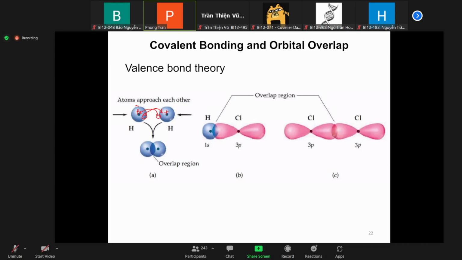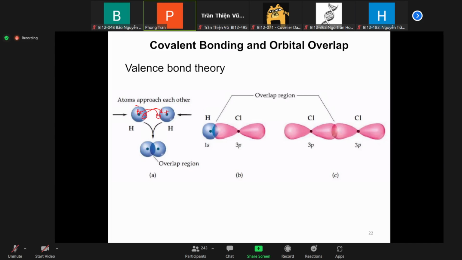But they cannot get closer infinitely, because when they get close enough, the electron from this atom and the electron from the other atom have repulsive force because they have the same negative charge.